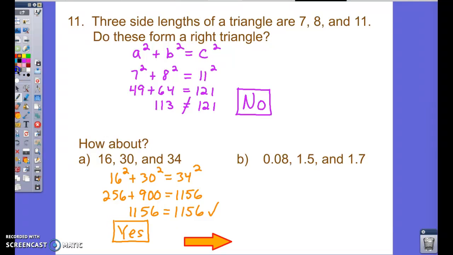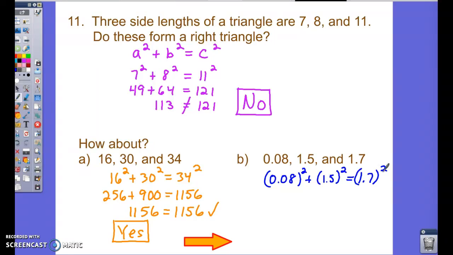All right, and one final example down here. Some of you may recognize the numbers 8, 15, and 17 as a right triangle, but just because you see those values in some form doesn't mean you can automatically jump to the conclusion that it is a right triangle. So let's go ahead and see. Let's substitute the one leg in and square, substitute the other leg in and square, and set it equal to the hypotenuse squared.